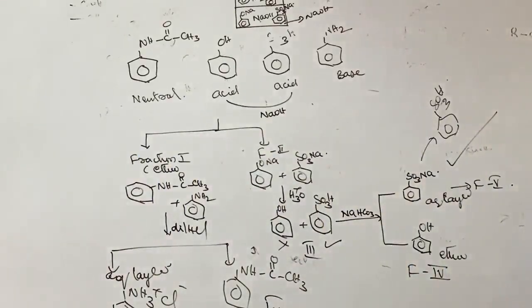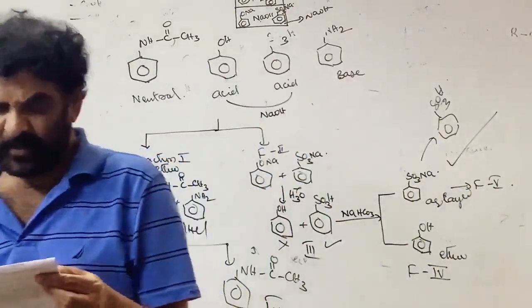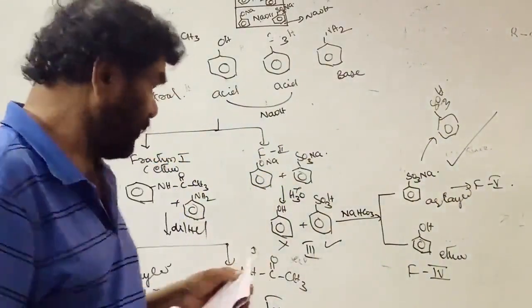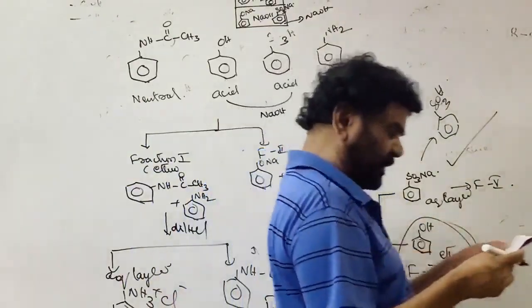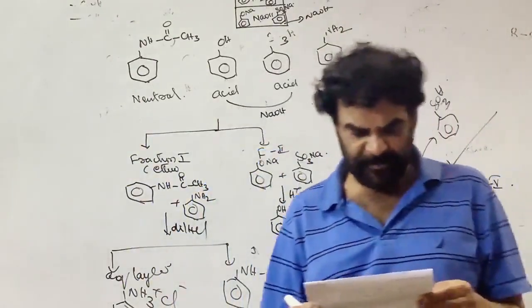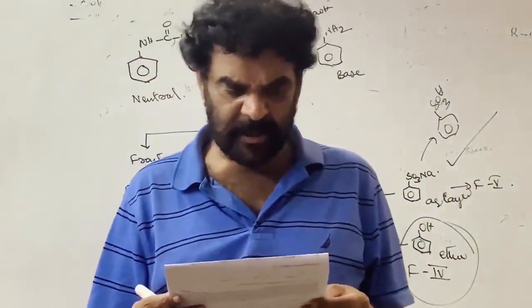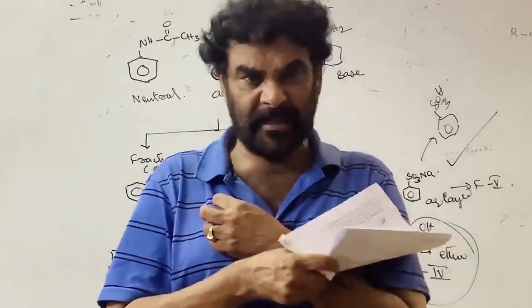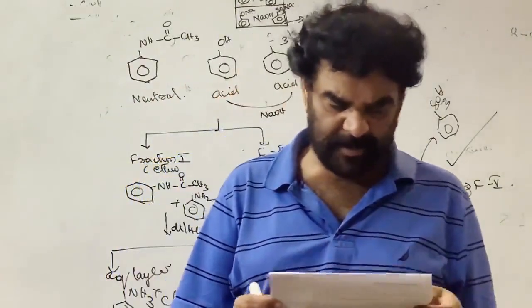Next, what is true about the species left in fraction 4? Fraction 4 is phenol. Is it a stronger acid than carbonic acid? No, phenol is a weaker acid than carbonic acid, therefore it does not react with sodium bicarbonate.